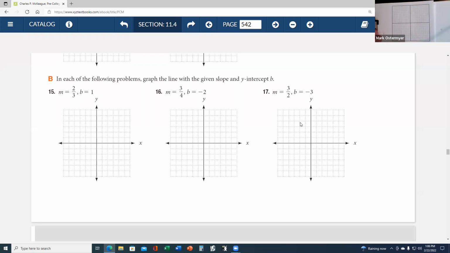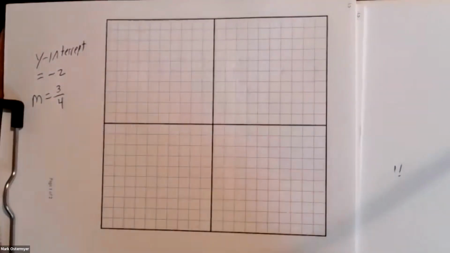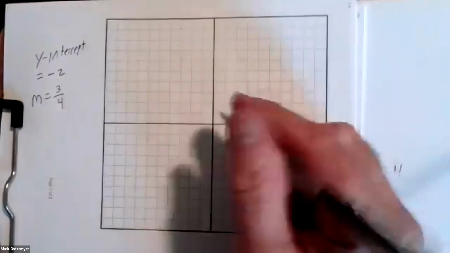All right, so let's try one out here. Let's try out problem number 16. They indicate to us that the y-intercept of this line is to be equal to -2, and the slope of the line is 3/4. So knowing the y-intercept is -2 and the slope is 3/4, let's see if we can graph this line.